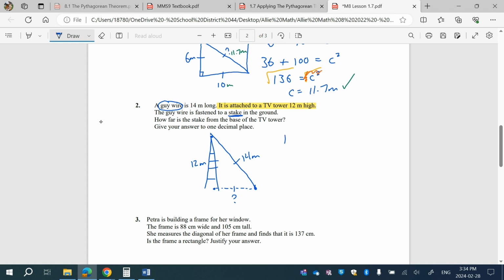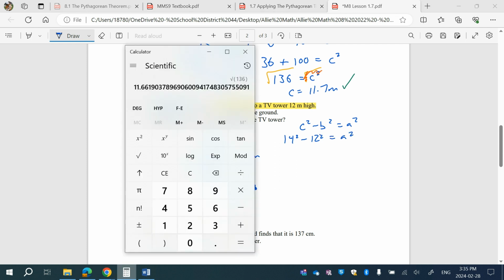So remember, if we're solving for a leg, we can use c squared minus b squared equals a squared. So let's go 14 squared minus our b, which is going to be 12 squared, equals a squared. That's what we don't know. Let's do 14 squared. Is that 196?